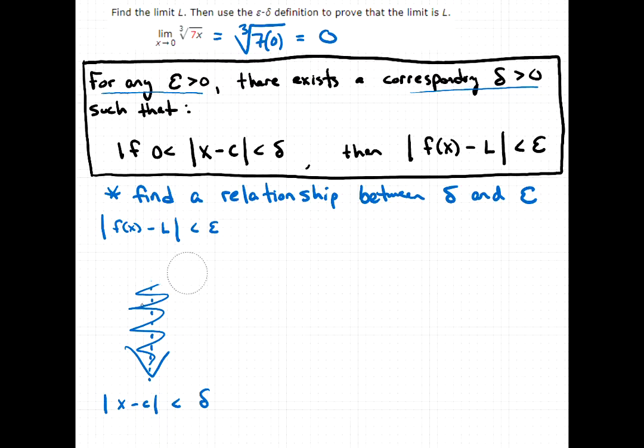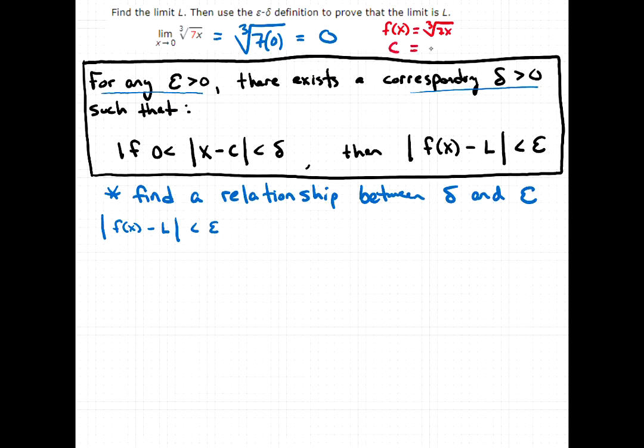Okay, so let's see what we've got. Our f of x is the cube root of 7x. Our value of c is equal to 0, and our value of L, in this case, is also equal to 0. The limit value is 0.